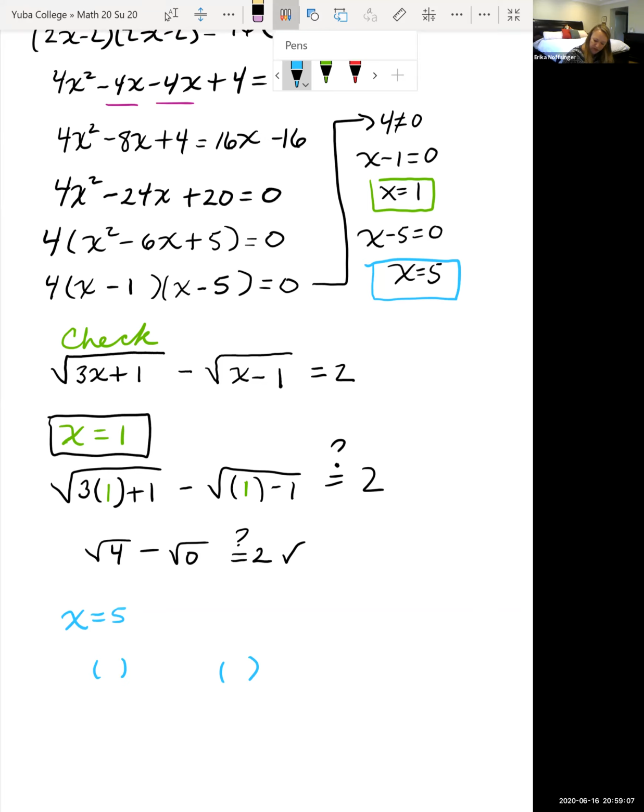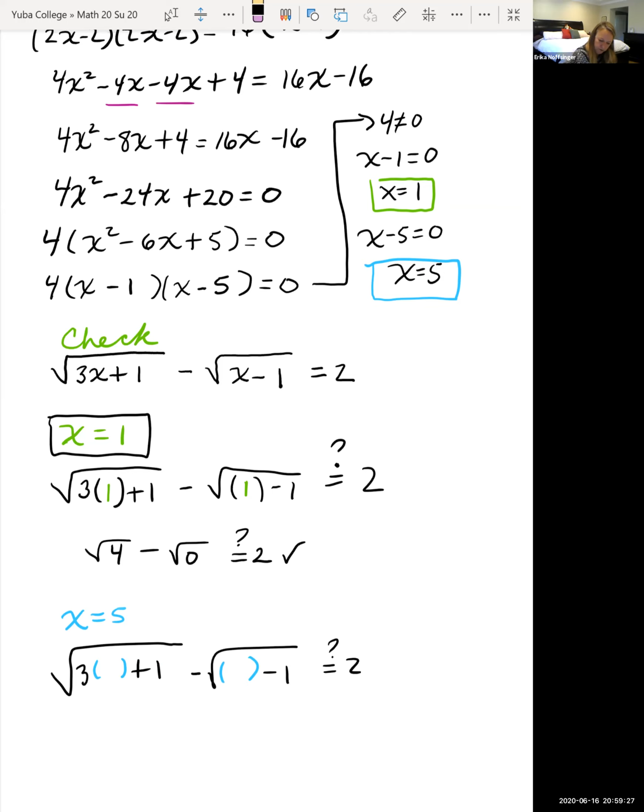Okay, so is the square root of 3 times x, so 3 parentheses, plus 1 minus the square root, parentheses, because I see an x, minus 1, is that equal to 2? Plug in 5 where you put a parentheses.